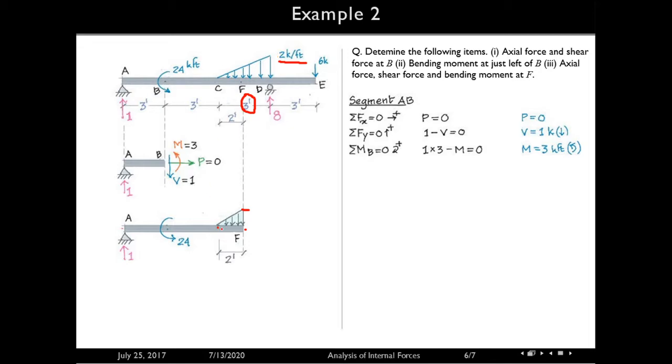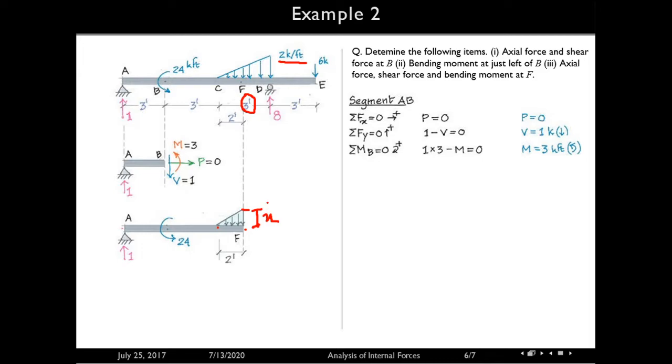This new amount of load can be considered as X. We still don't know the value of X. Suppose we are considering X kip per feet. Now let's calculate the value of X.